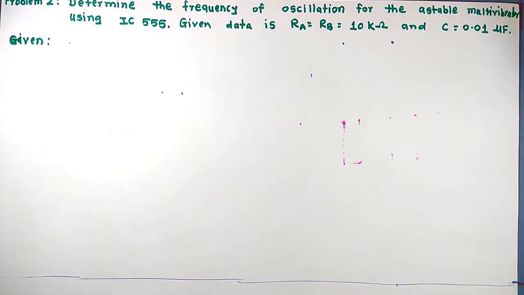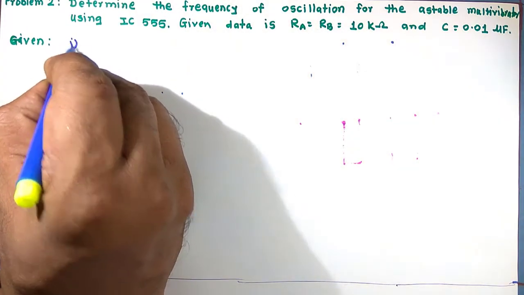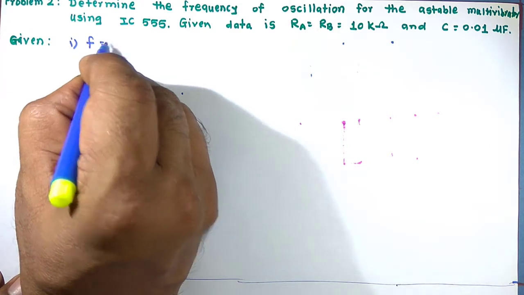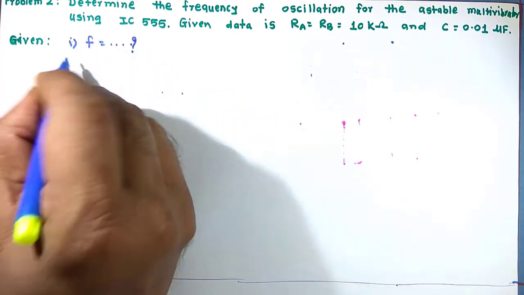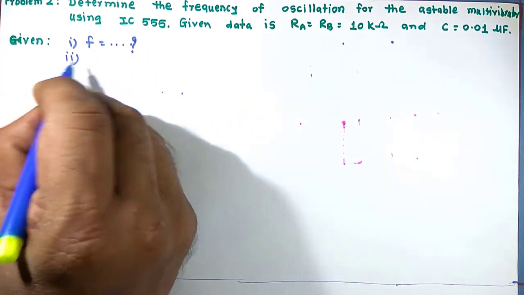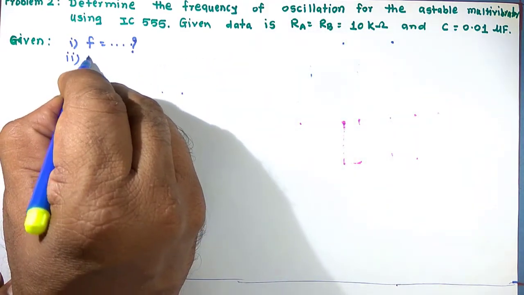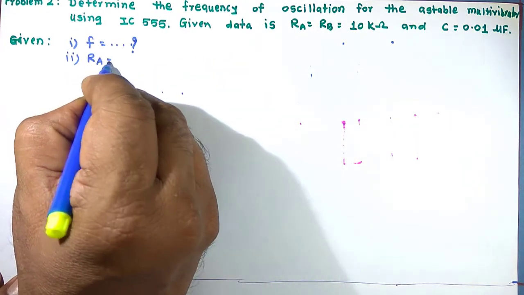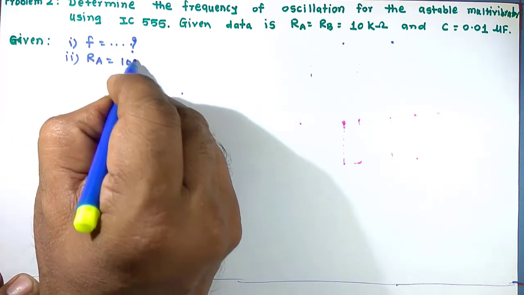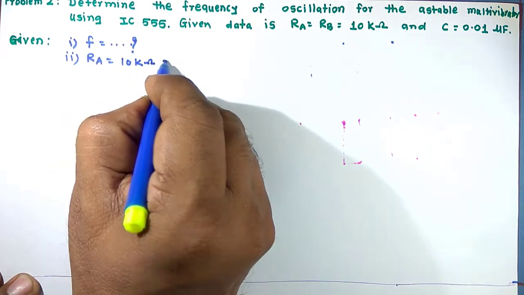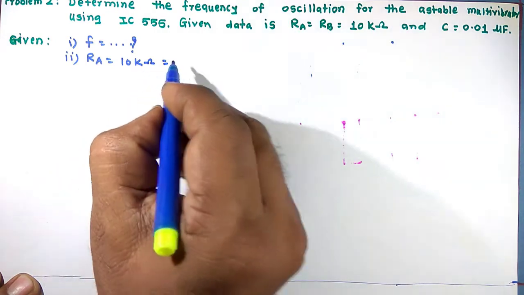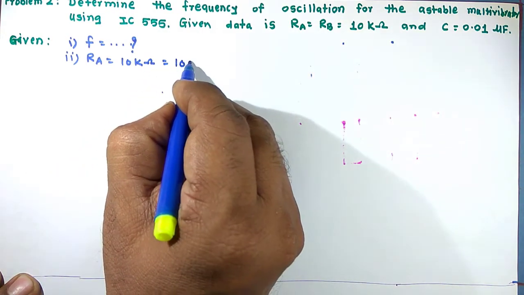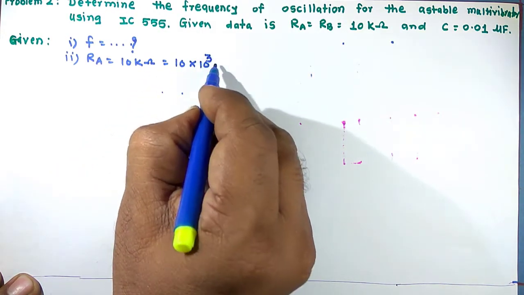In this problem, we are asked to find the frequency of oscillation of astable multivibrator. So, frequency is what we have to find out. Given data is RA is equal to 10 kilo ohm. Kilo means 10 raised to 3, so it is 10 into 10 raised to 3 ohm.